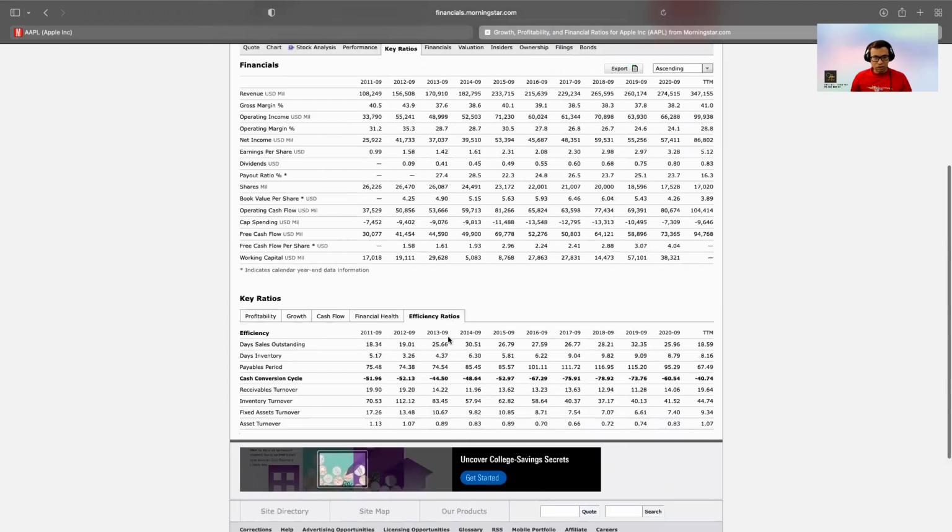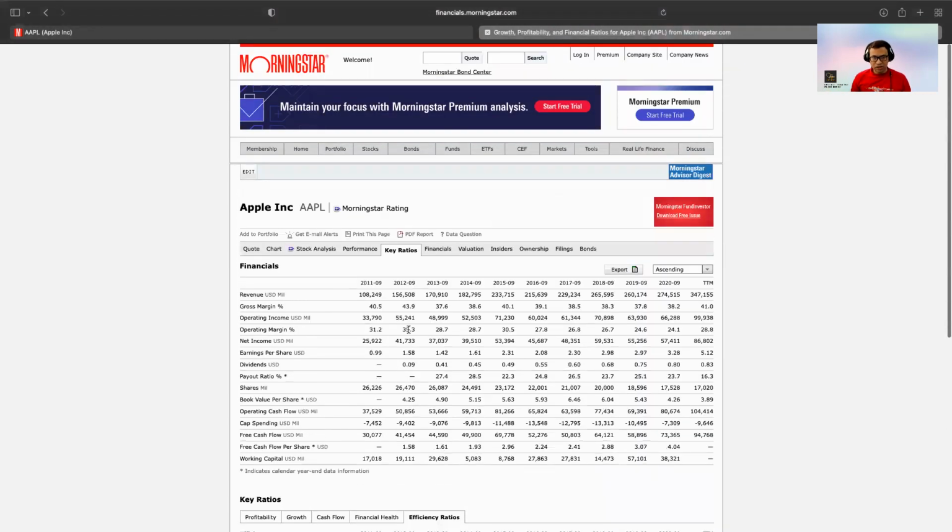And efficiency ratio is basically turnover, so the higher the turnover, the better. That's all for the key ratios. Remember that these are very important ratios for you to analyze fundamentally whether the company is healthy enough, profitable enough, and good enough for long-term investment.